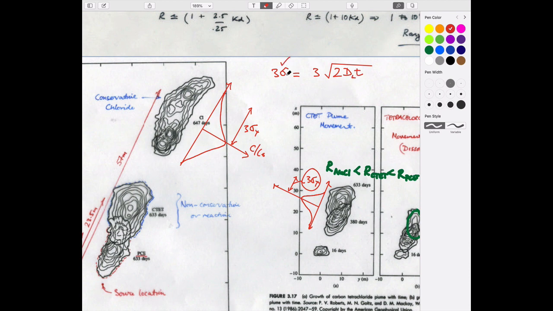We can measure this because it's a length in meters. We can know what this is because it's the time since we released it, in this particular case 2 years, and therefore we can calculate what d sub L is.